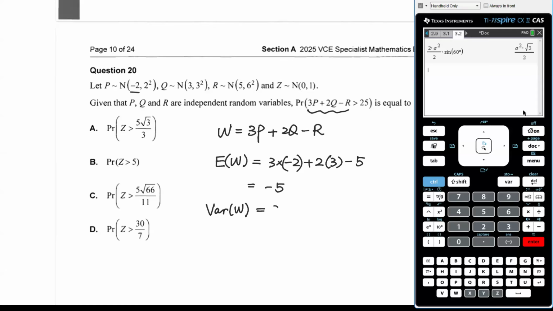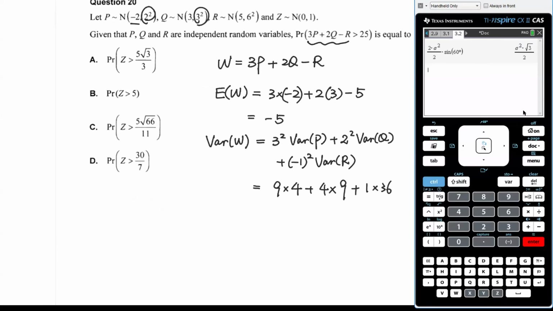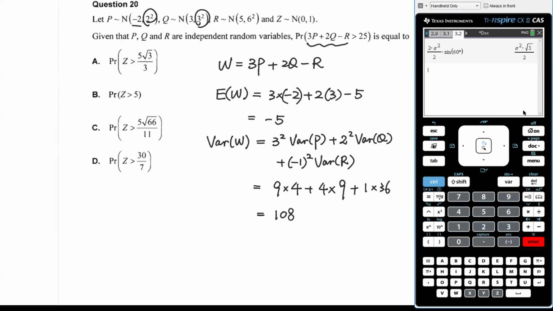So the variance W will be 3 squared variance of P plus 2 squared variance of Q plus negative 1 squared variance of R. So eventually you'll get 9 times 2 squared, that's 4 from here, plus 4 times 9 plus 1 times 36. So eventually you have 3 lots of 36, which is 108.